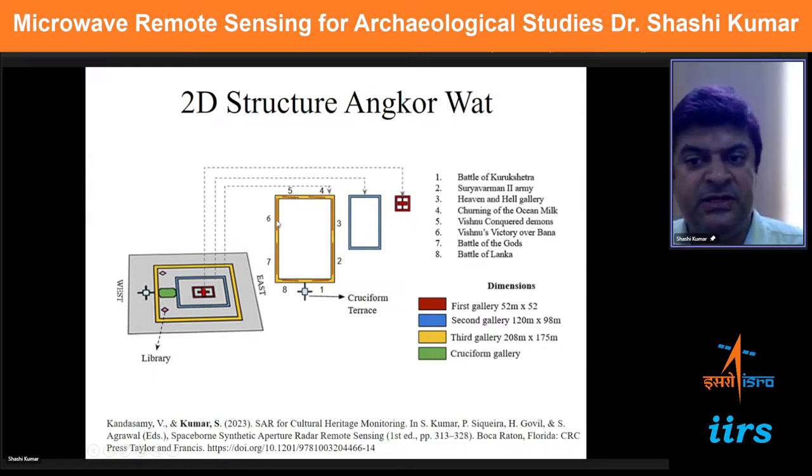Side number six represents Lord Vishnu's victory over Bana. Side number seven shows the battle of gods, and side number eight shows the battle of Lanka, very famous in our Indian culture, also known as the battle of the Ramayana.